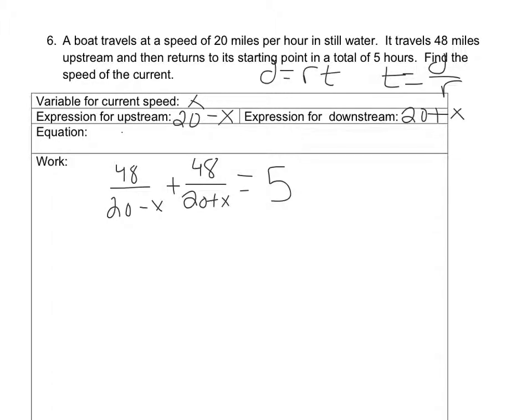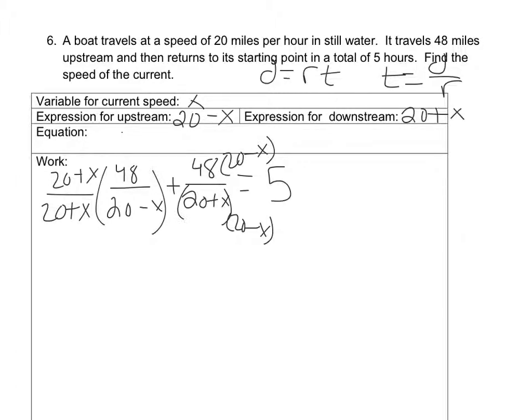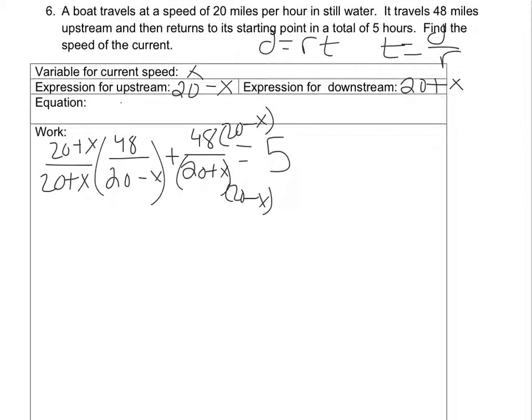So now what we have to do is get the common denominator. So this one I'm going to have to go 20 plus x over 20 plus x. And this one I'm going to have to go 20 minus x over 20 minus x. And then this one, put it over 1, and I'm going to have to do both.